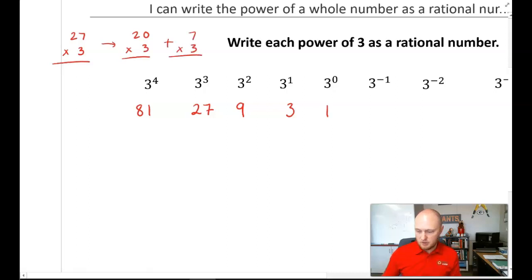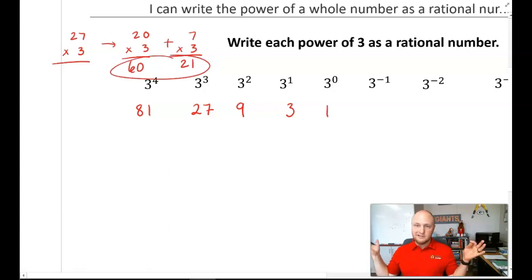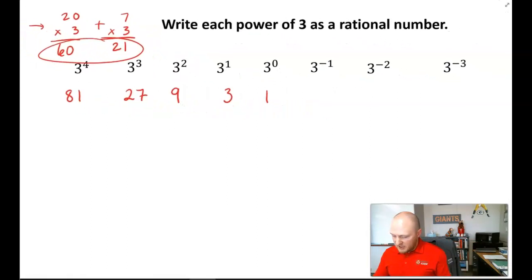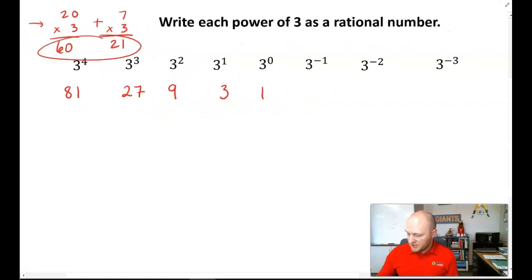So what's 20 times 3? And what's 7 times 3? So if we add these together, 60 plus 21, hey, there is 81. Okay? All right, now let's go ahead and look at the negative exponents. So 3 to the negative first is just 1/3.